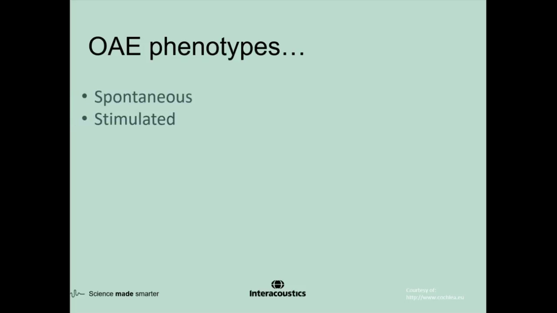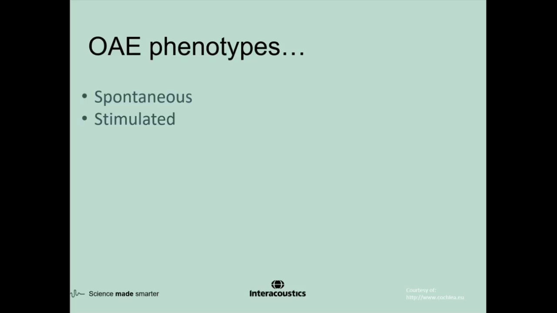Some people have spontaneous emissions, which can be measured simply by putting a microphone in the ear canal. But clinically, this has not proven to be very interesting. We call these SOAE, spontaneous otoacoustic emissions. We're going to be discussing emissions that are evoked using a stimulus, so for now, we'll leave the SOAEs behind.